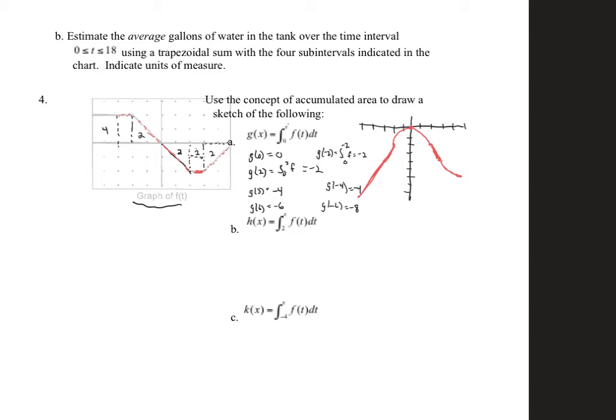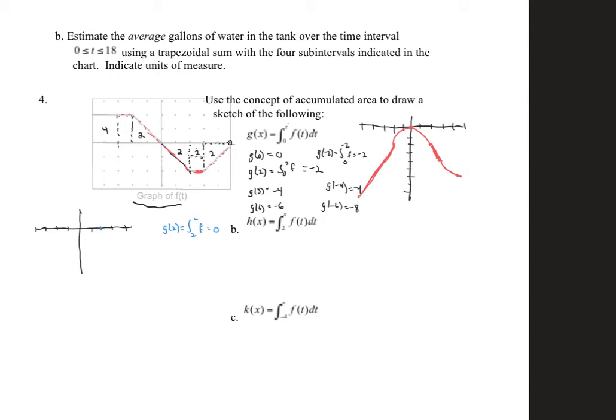So now h is going to be essentially the same, but we're going to start it at 2. So let's see, we're going to go 1, 2, 3, 4, 1, 2, 3, 4. So again, what we're going to do here is say, well, this time g of 2 is going to be the integral from 2 to 2 of f. That's going to be 0.